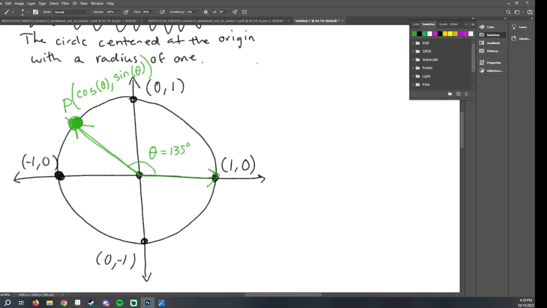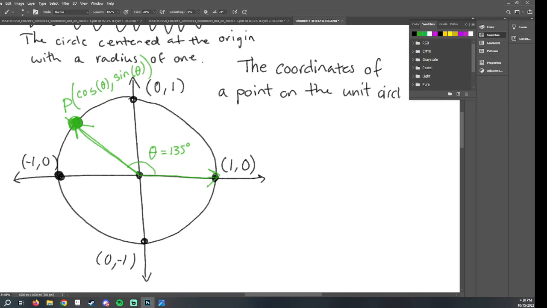So we're using the unit circle here to define some really important functions: the sine, or I'll say the coordinates of a point on the unit circle. You can think of this as the point made by an angle theta in standard position.